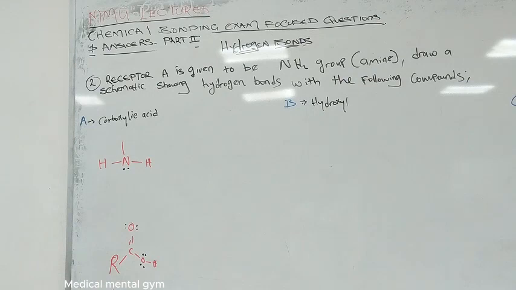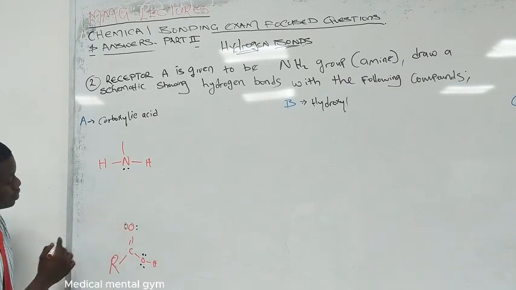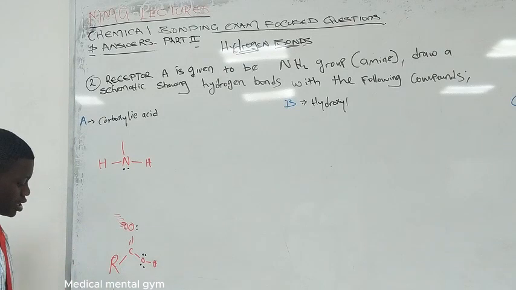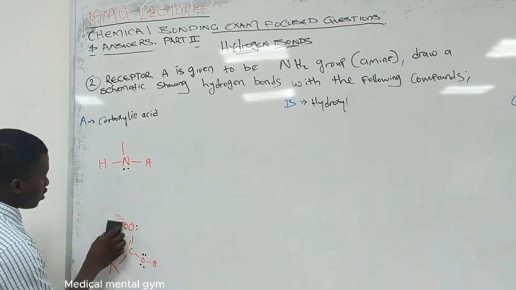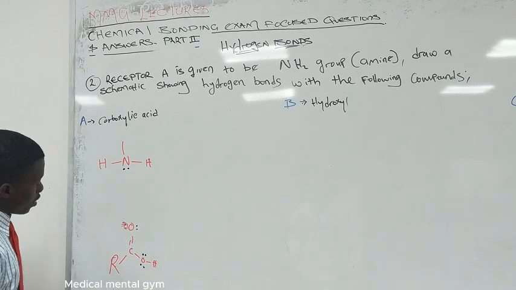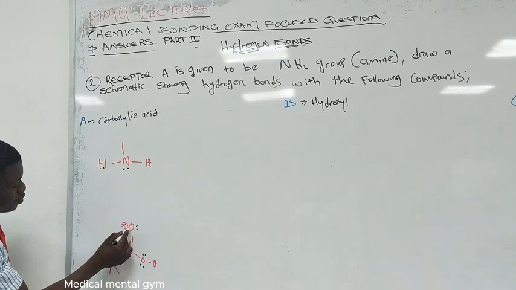So this hydrogen is able to form a hydrogen bond with this oxygen. So this lone pair can participate in a hydrogen bond. Let me just use a different marker to show the bond. So we have our hydrogen here participating in a hydrogen bond with this electronegative oxygen.